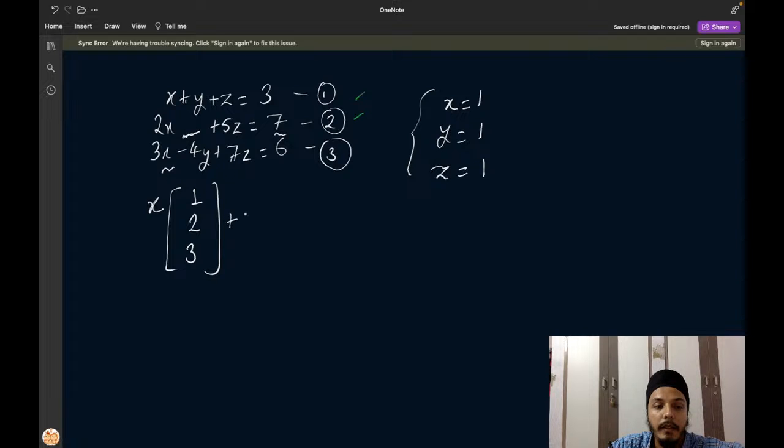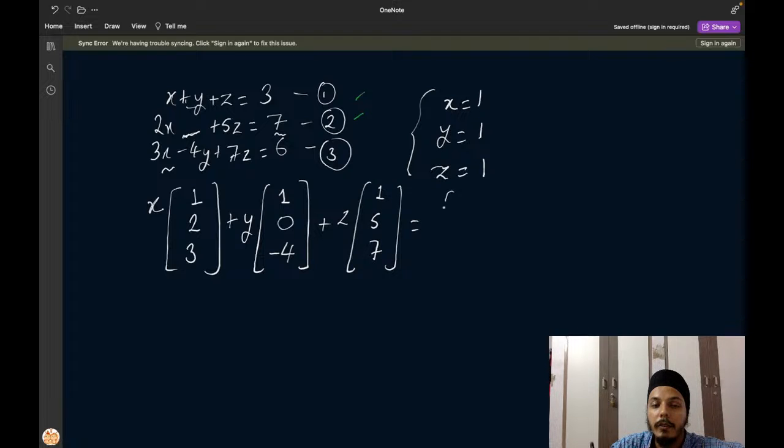Then plus y times 1, 0, minus 4, plus z times 1, 5, 7. This will be equal to 3, 7, 6.